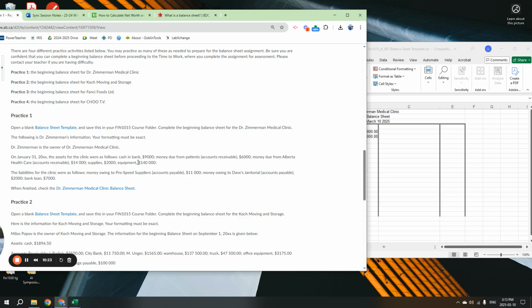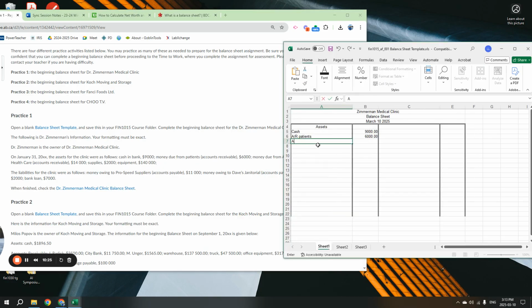Money due from Alberta Health, so AR Alberta Health, and that is $14,000. Supplies, $2,000. And equipment, $140,000.